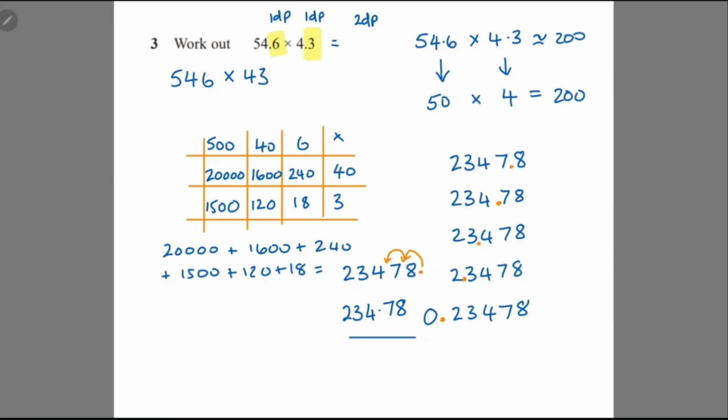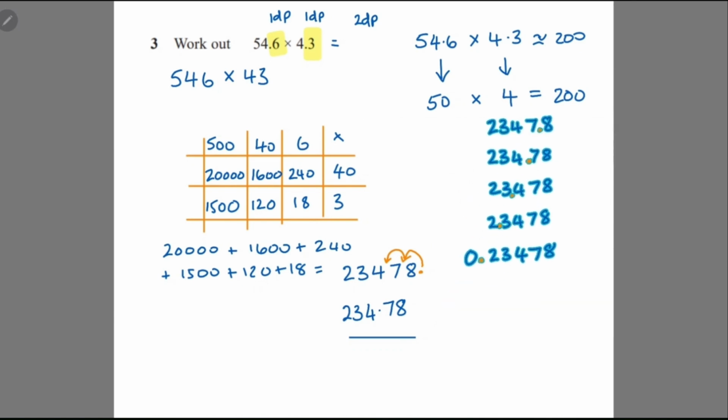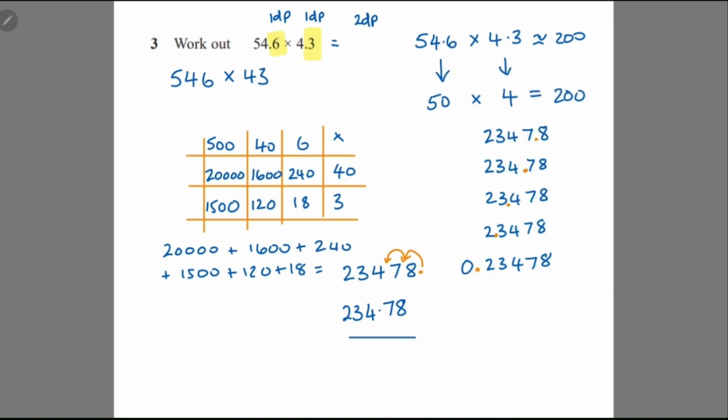Let's try not to get them mixed up. Remember, we're looking for an answer that's close to 200. This first answer here is 2,347.8. Not that one. This one is 234.78.